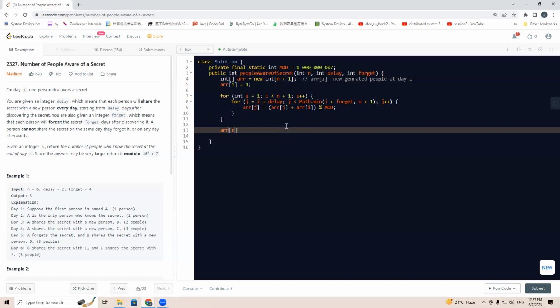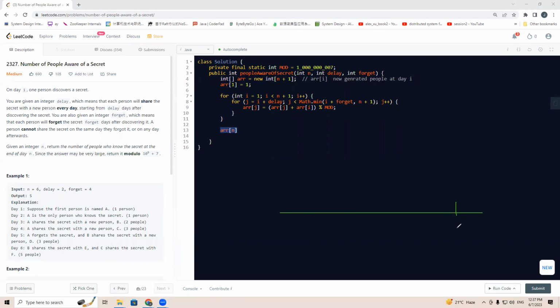This is the newly generated person at day n, but we still need to calculate those who didn't forget the secret. So this is day n.